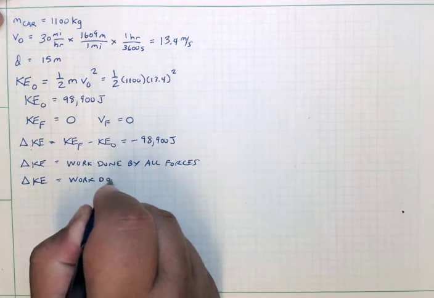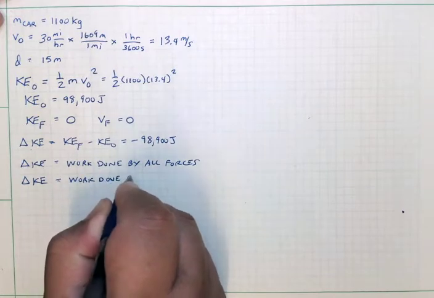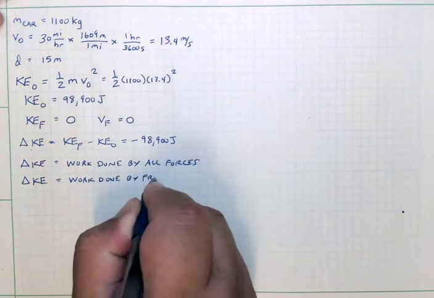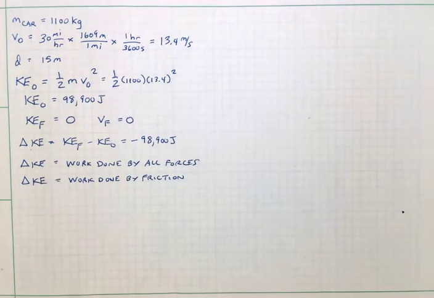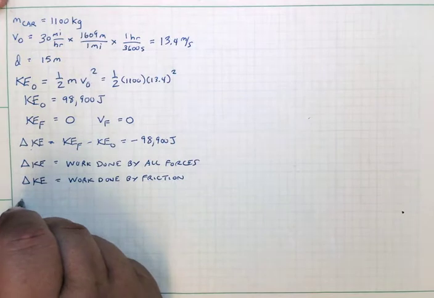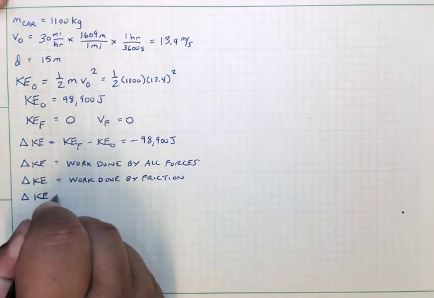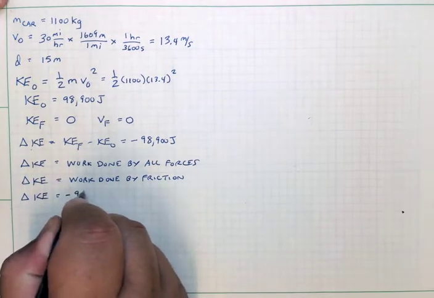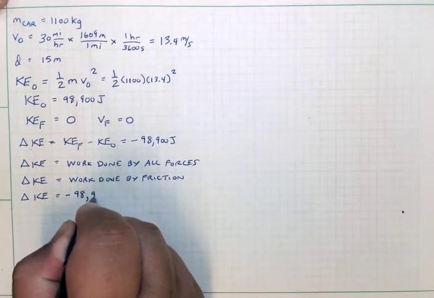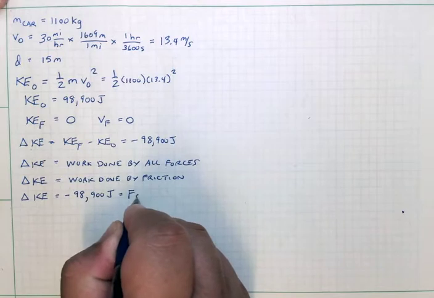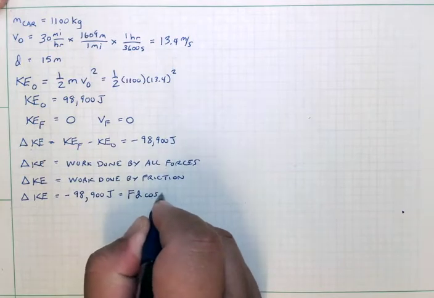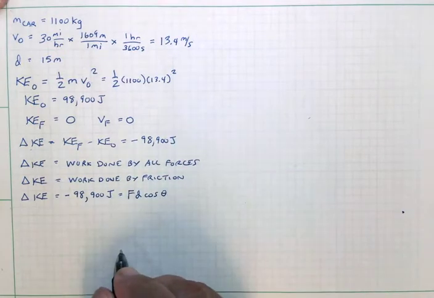So this is essentially the work done by friction, the friction in the braking system. So that's going to be negative 98,900 joules. That's going to be equal to F D cosine theta.